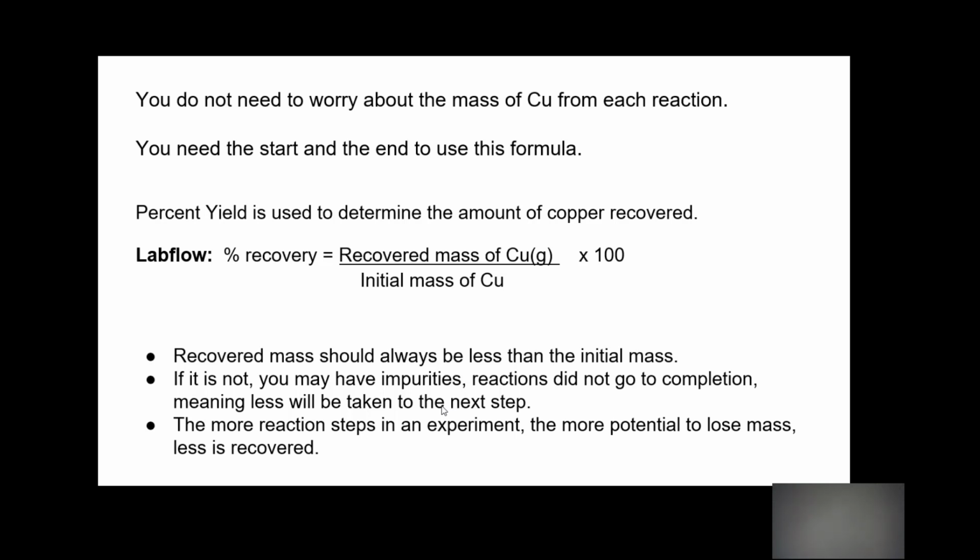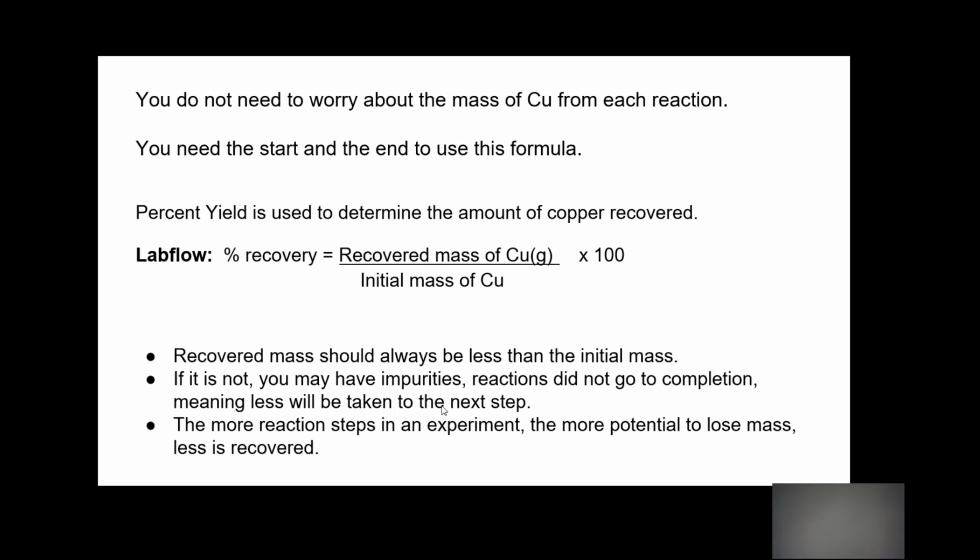It doesn't always work that way, and you'll find out when you do 100%. Some students will get 101. Some people will get 66. There are several reasons why this could happen. The more steps you have in an experiment, the more chances you have of losing mass at every step. Every step could mean accidents and mistakes happen.